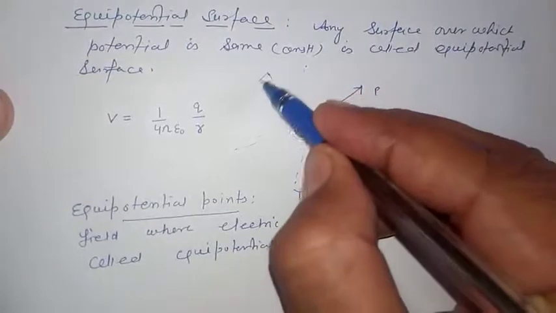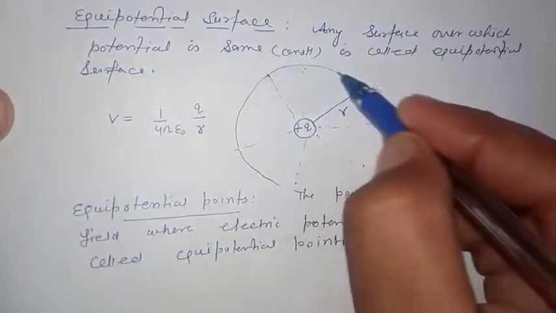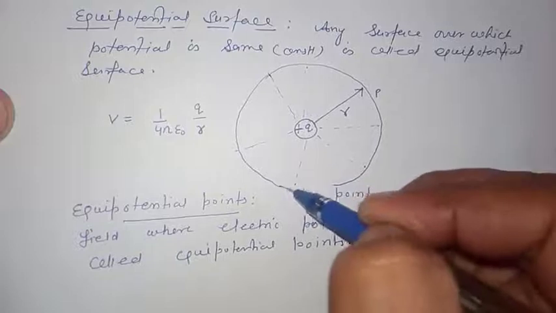Join all these points in this way, like a circle. A circle has the same radius, right?